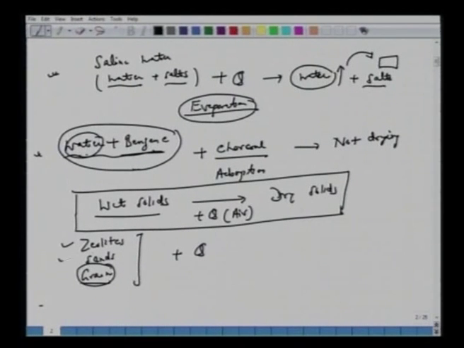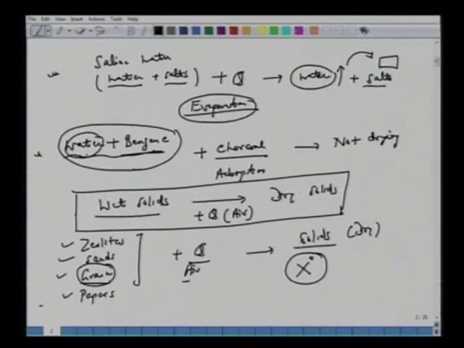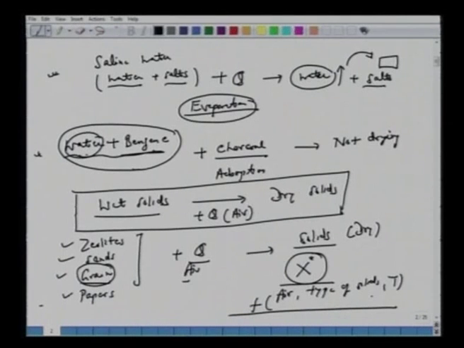So zeolites, sands, grain, papers, all of these we supply heat through hot air, and then you have a solid which is relatively less wet, or a dry solid. Again there will be some amount of moisture left, some equilibrium moisture, which will be a function of the operating conditions, air, or even the type of solid. Temperature of course has to play a major role. Alright, so these are different definitions and applications of drying.